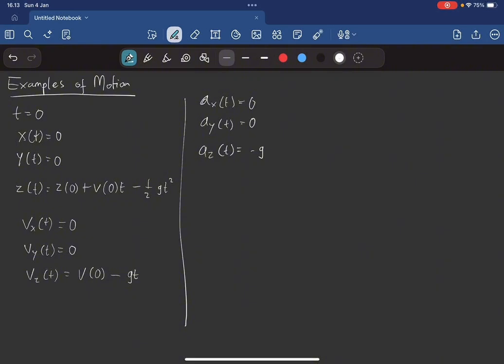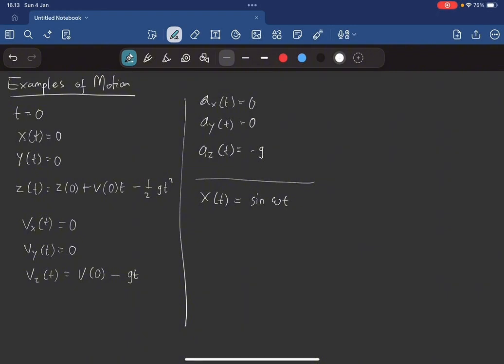Next, let's consider an oscillating particle that moves back and forth along the x-axis. Because there is no motion in the other two directions, we will ignore them. A simple oscillatory motion uses a trigonometric function, like this, where the lowercase Greek letter omega is a constant.